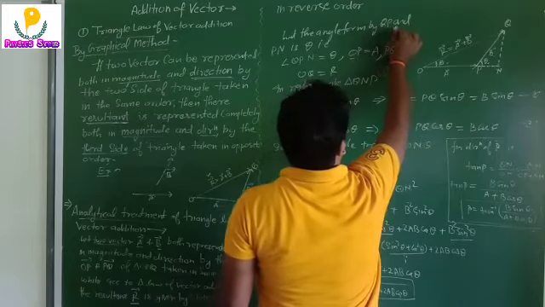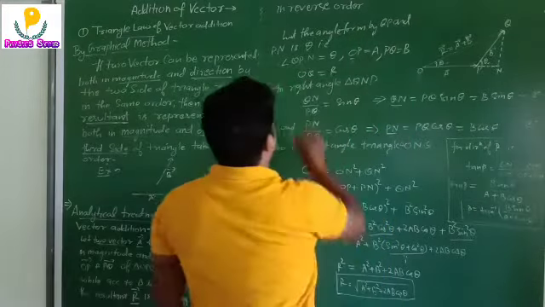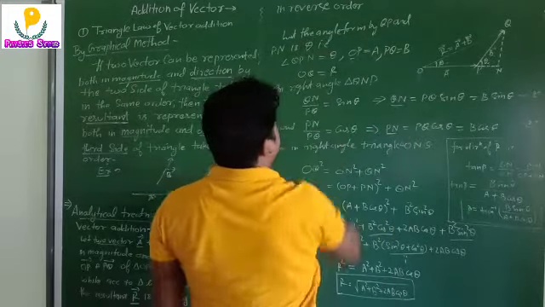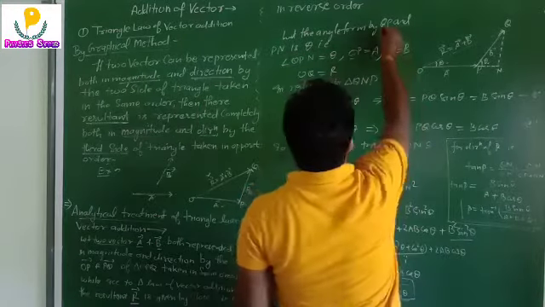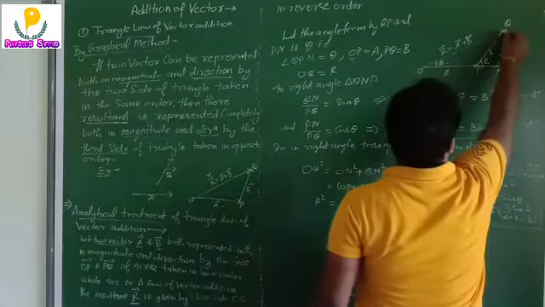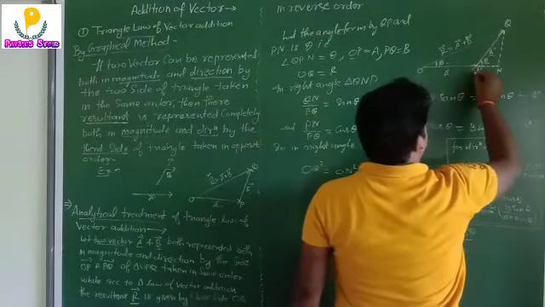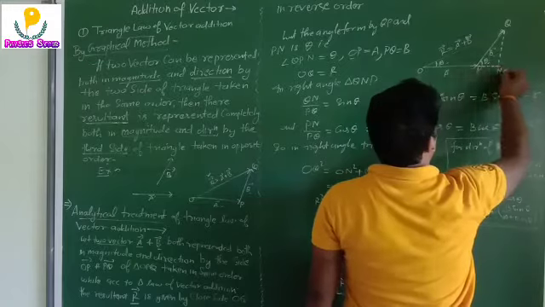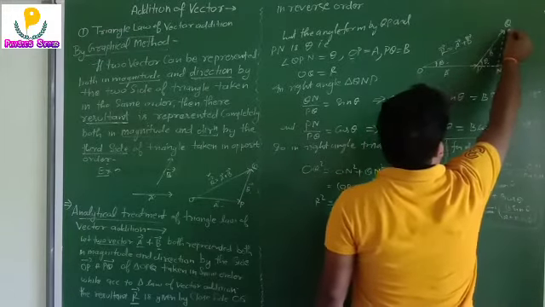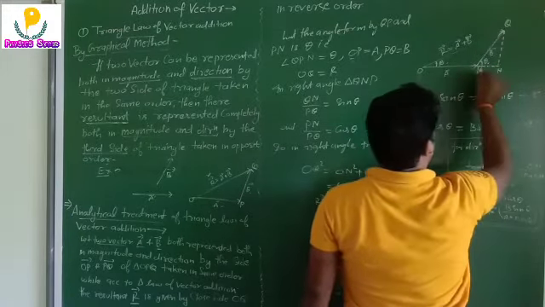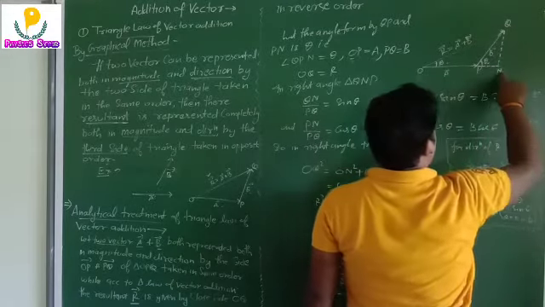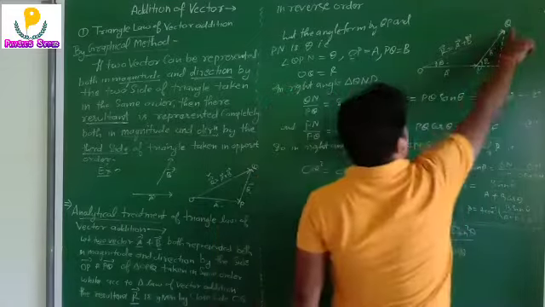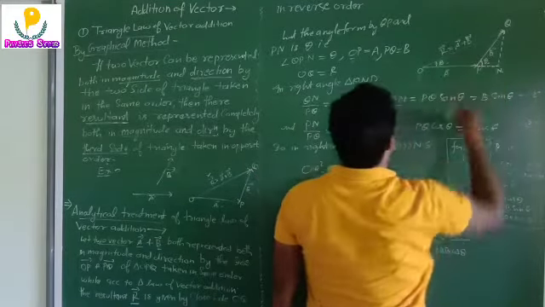Here we consider the angle made by QP and PN as theta. We have taken the side PQ as QP, and we have drawn a perpendicular from Q on the line OP. This is the point M. So QP and PN make an angle theta.